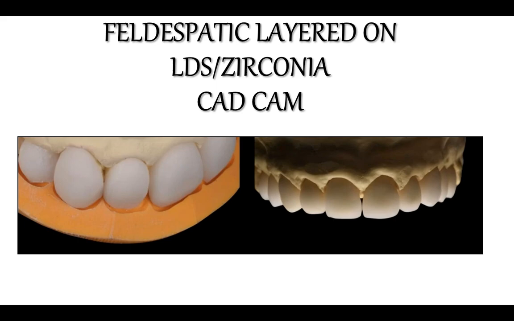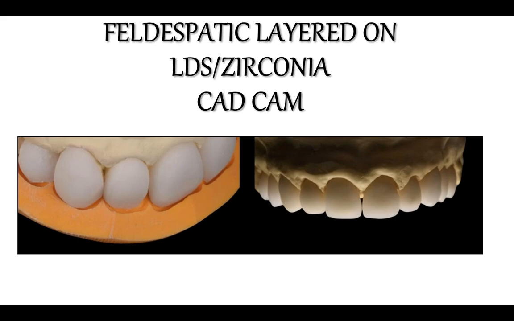If you have a patient, literature review says that if you have patients that have a class 2 angle of occlusion, class 2 skeletal, a very deep bite, and a lot of stress on the molars because they do not disocclude, since they don't have anterior guidance or canine guidance, in all of those cases you have to understand that it's better not to use feldspathic, and not feldspathic layered either.